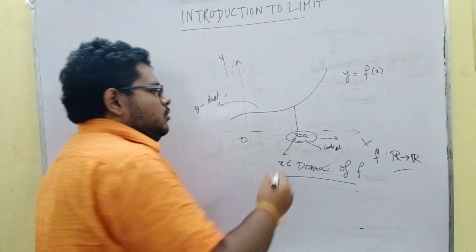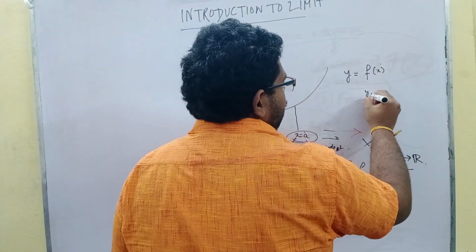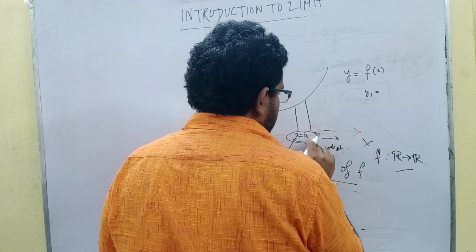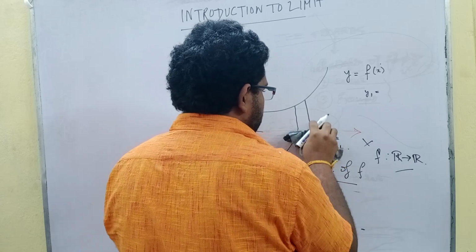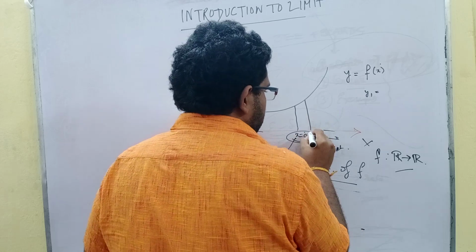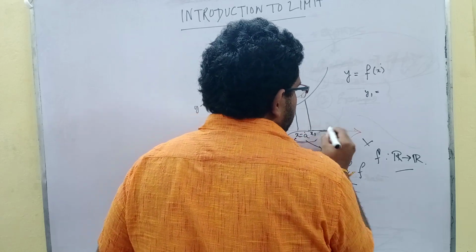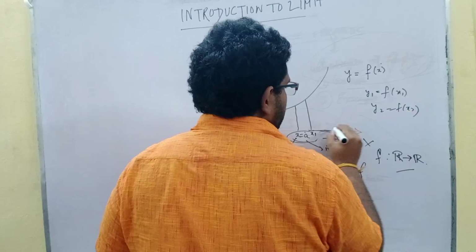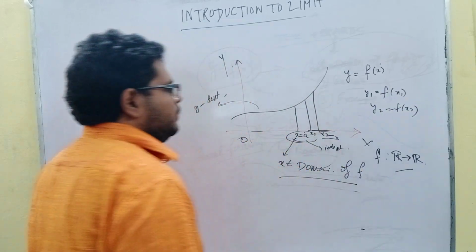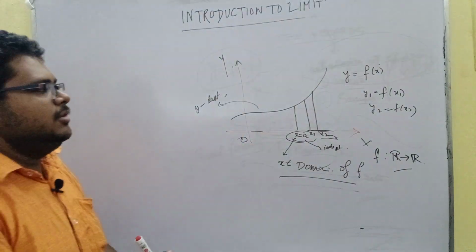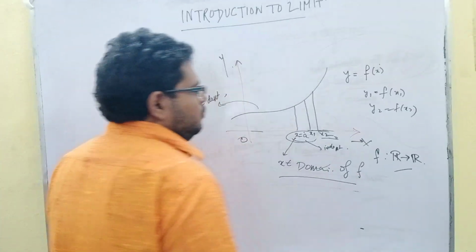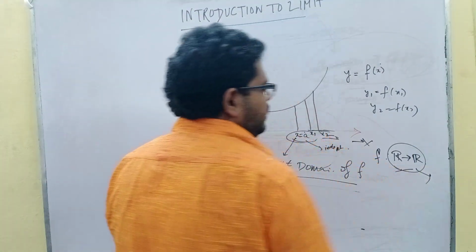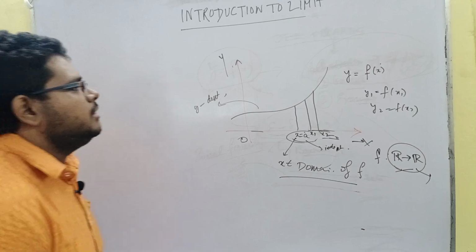If we put a value, suppose x1, we get y1 equal to f(x1), and y2 will be f(x2), where x2 is over here. It is very easy to understand. If we change the values over the domain, we will have different values of the function defined from real to real, because we are taking this type of function only, right?